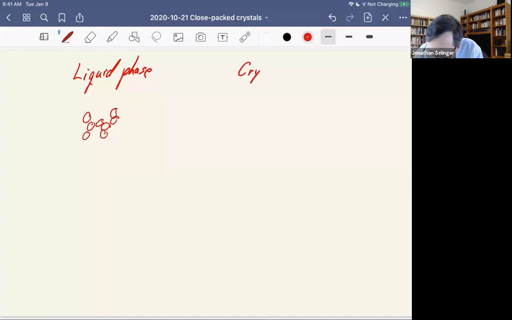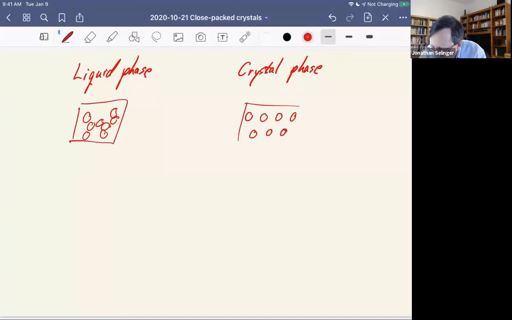But if you have the same number of particles in a crystal phase in the same volume, I'll try to draw it like this. Because this is supposed to be the same number of particles in the same volume in these two pictures. It's not the greatest picture I've ever drawn, but it's something like that.